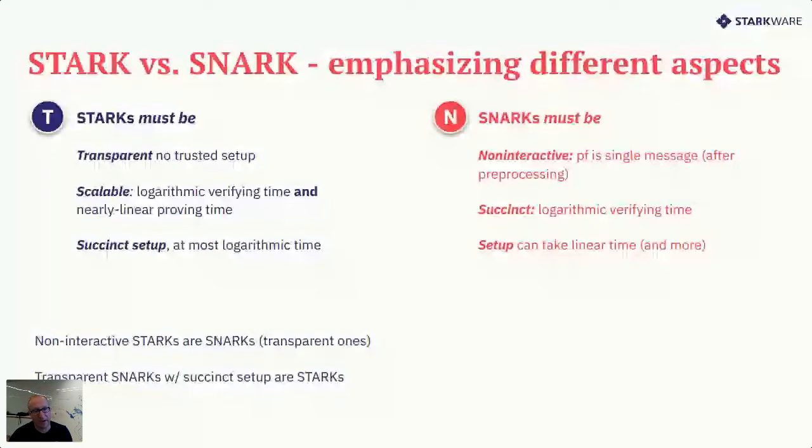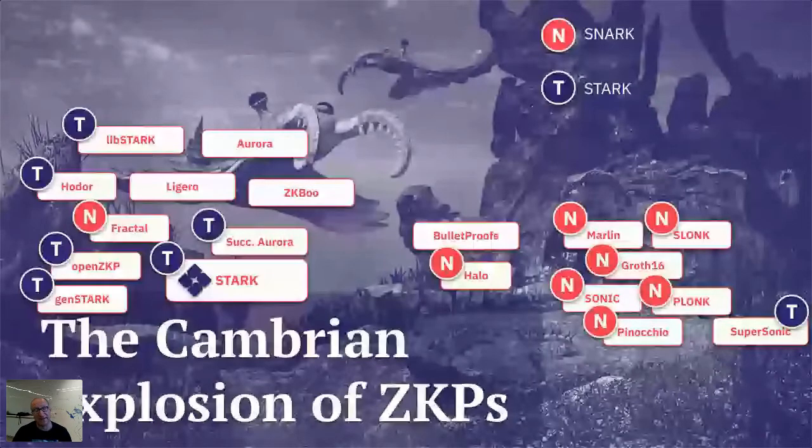So now going back to this picture, as you can see, some of the systems out there that we'll soon discuss and understand what goes into them and how they differ. Some of them are Starks, some of them are Snarks. I want to point out that any one of the systems there that have a T around it, if you apply the Fiat-Shamir heuristic to it, then you would get a Snark.